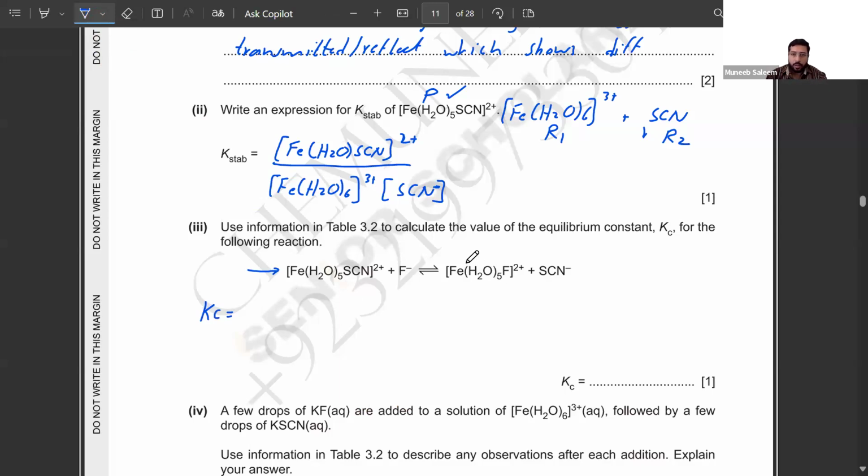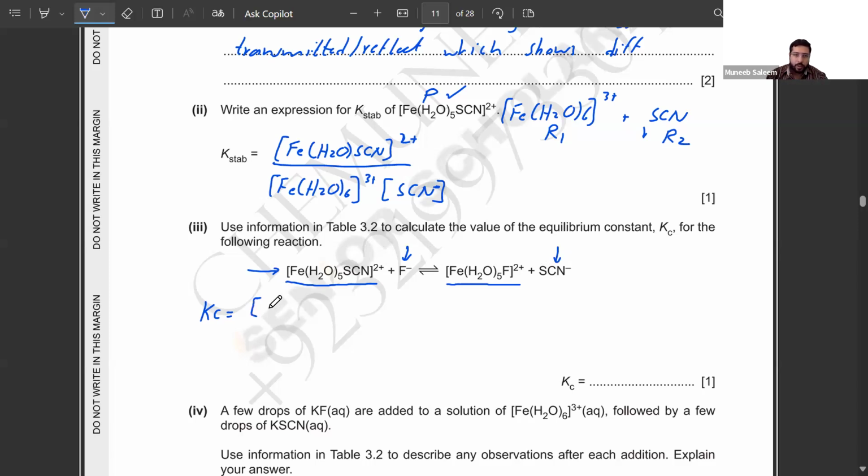So here the products will only include this complex and the reactant will include only this complex, because we are not provided any information regarding the ligands of polaridine and the thiocyanide ion. So we'll not include those in the expression.